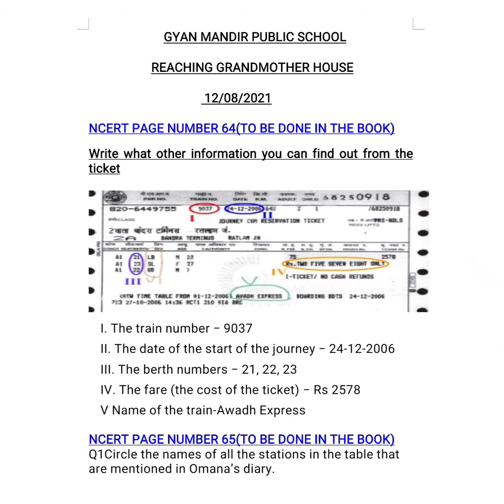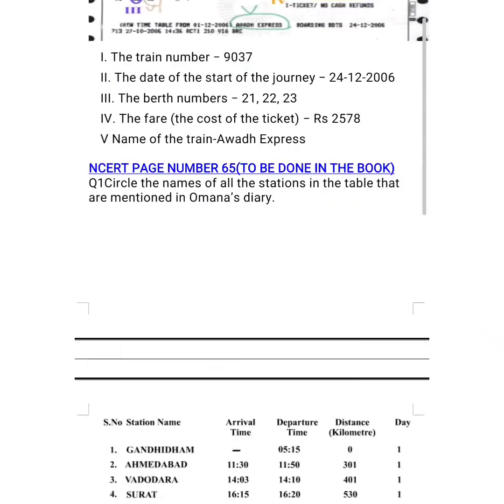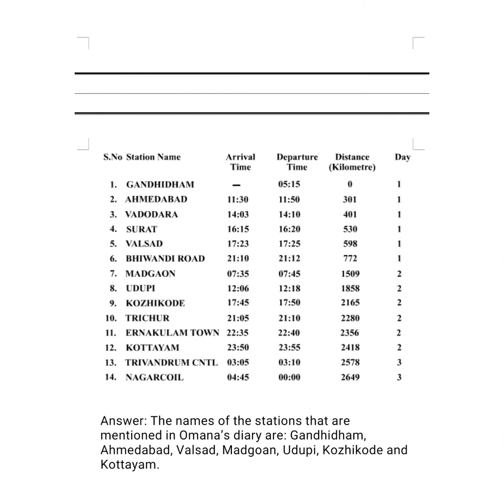Now class, moving to the next page number, that is page number 65, and again we have to do these questions in the book itself. Circle the names of the station in the table that are mentioned in Omana's diary. So class, this is the image that is given in your book and you have to circle the stations in which Omana has traveled and you have read in her diary.